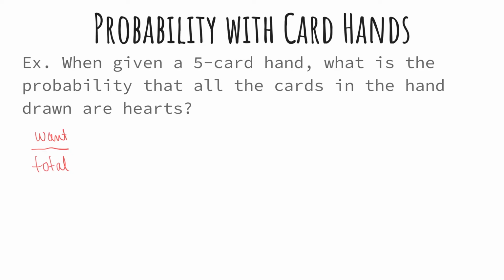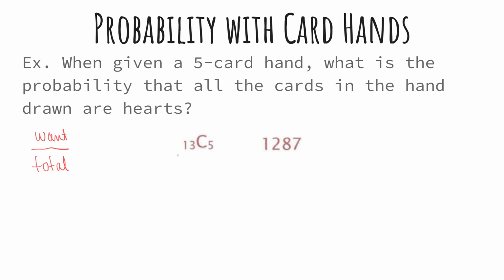Okay, so let's look. What we want to happen is we want all of the cards to be hearts. So out of 13 hearts, we want to choose 5 of them. So this is going to be a combination of a total of 13, choose 5.